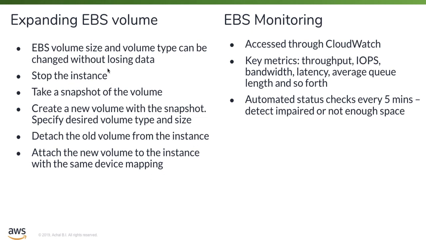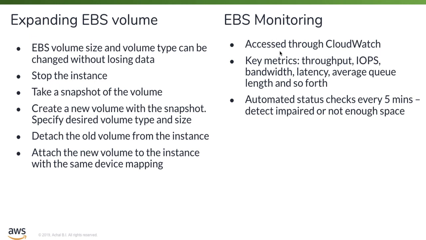These are the steps involved to change the EBS volume type. When the data is at rest, you cannot change the same EBS volume with a single click. It requires a life cycle to be followed.